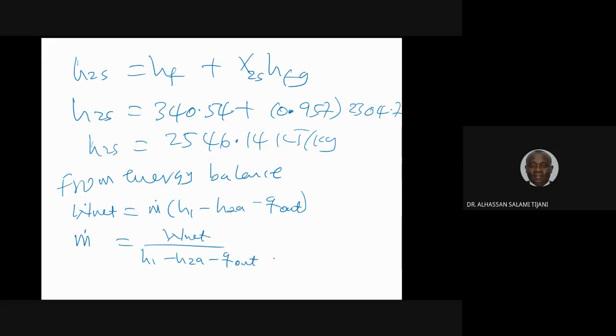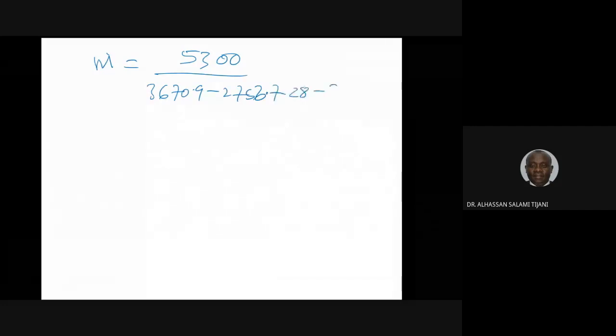So now, eventually we will have mass flow rate equals W net, which is given as the power, 5300, divided by 3670.9 minus 2756.728 minus 82.